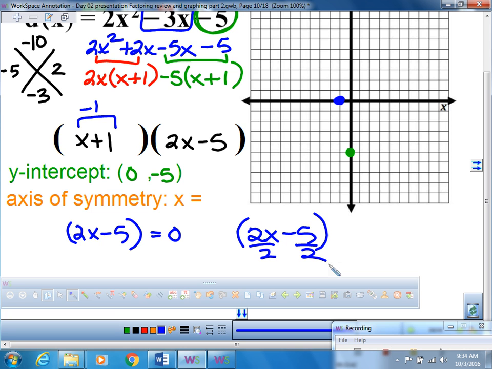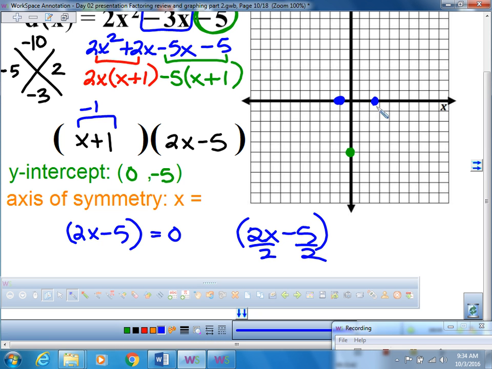How much is 5 halves? 2.5. Right? 5 halves is 2.5. If you don't like breaking it up like that, do 5 halves. 5 halves is 1 half, 2 halves, 3 halves, 4 halves, 5 halves. Okay?